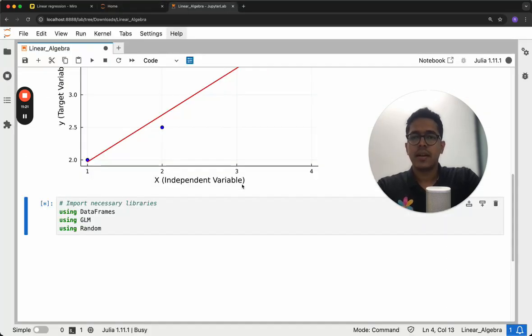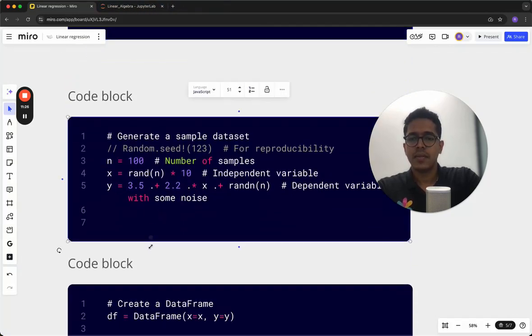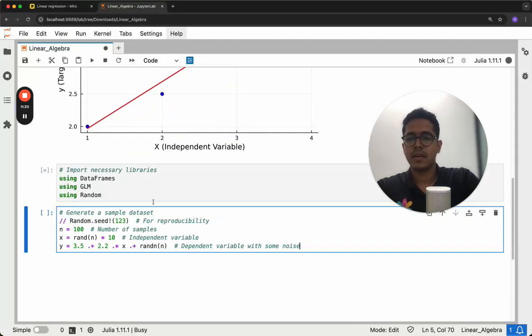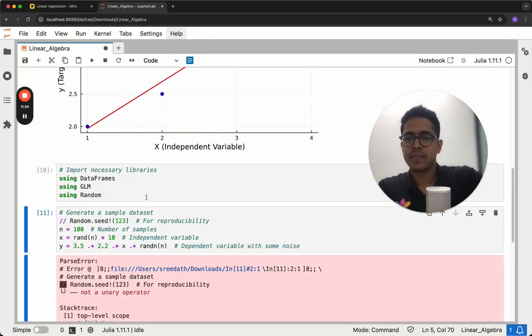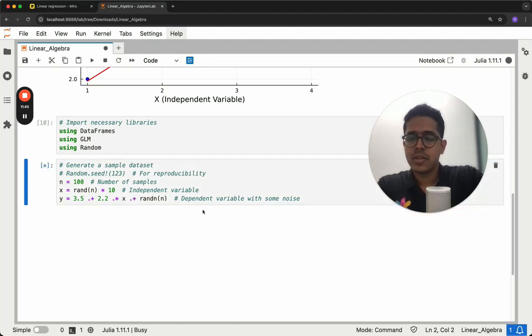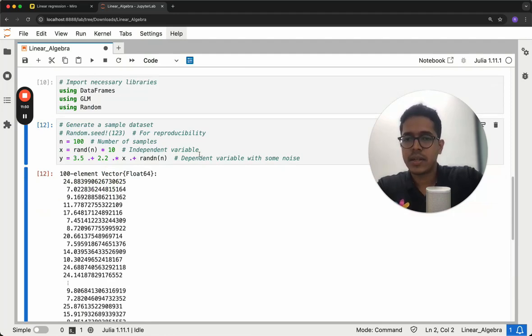Now we are creating a random data set. The X values are random. Now I just want to print the values. This is the Y values, I guess.